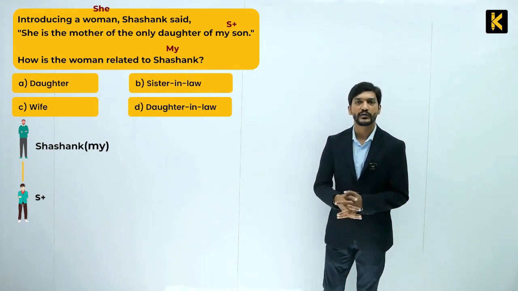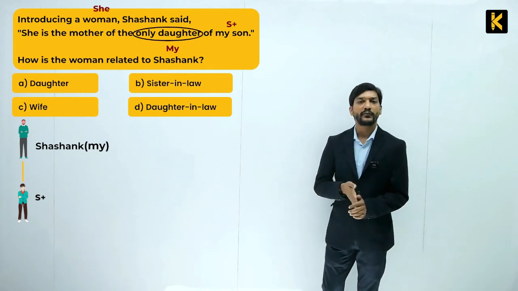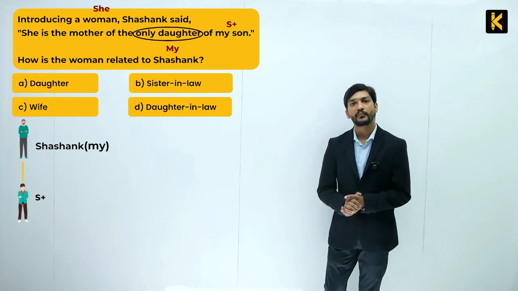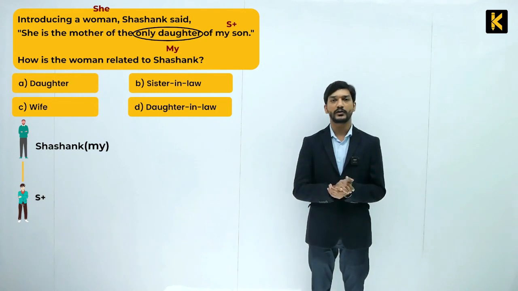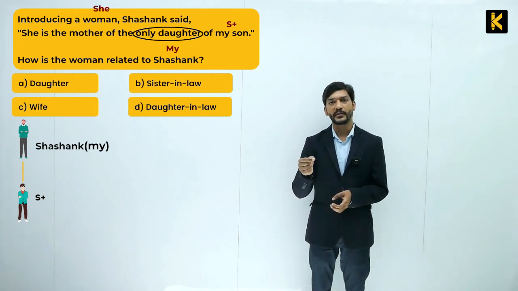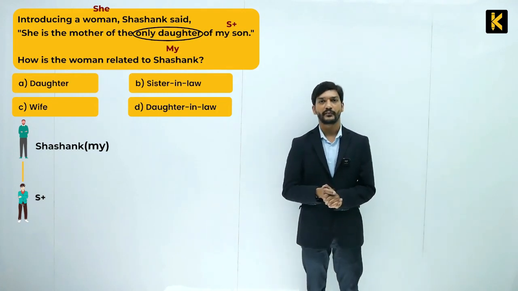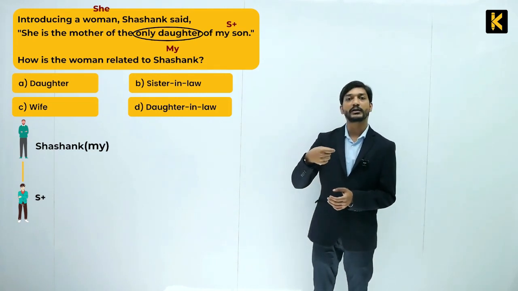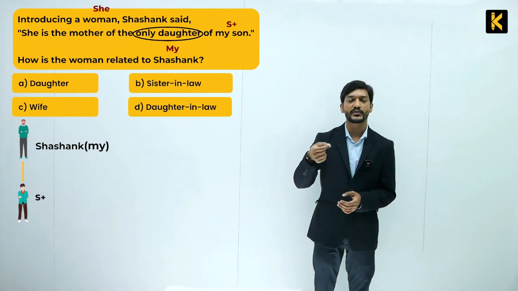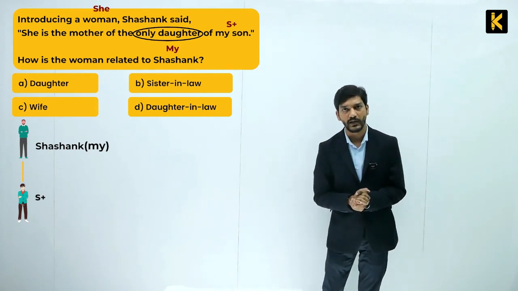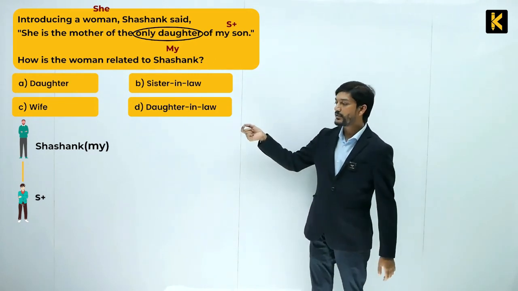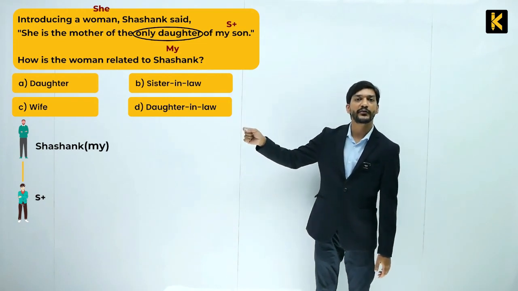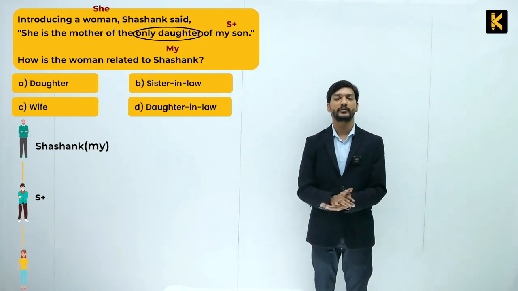Now, please go back in the statement. Once you go back, you will see that I have to see only daughter of my son. My son means S plus. So only daughter of S plus I have to take, and she will be one generation below.